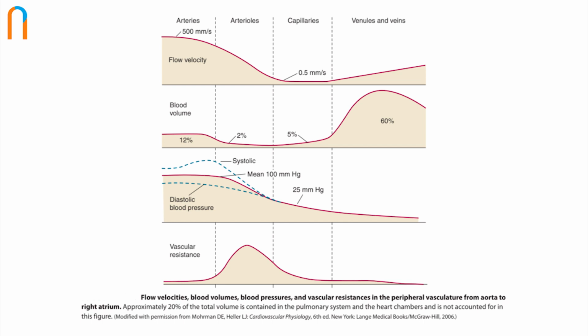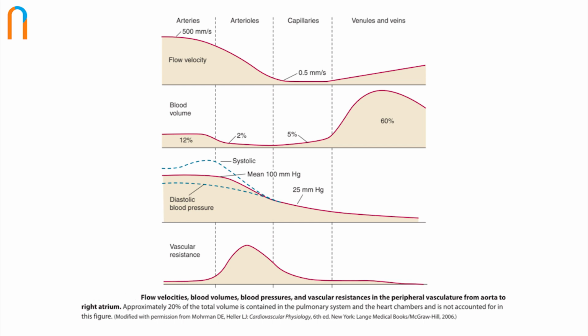In such a series arrangement, the flow is the same at all points along the channel, but the flow velocity varies inversely with the local cross-sectional area. The situation is the same in the peripheral vasculature, where blood flows most rapidly in the region with the smallest total cross-sectional area, and most slowly in the regions with the largest total cross-sectional area, the capillary beds.